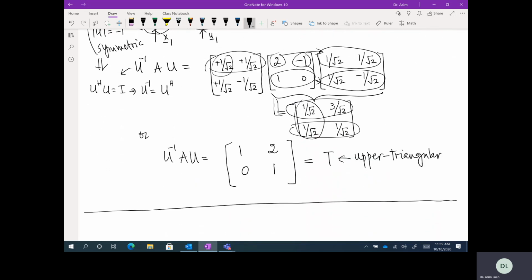So this is just to show that if M is unitary, then M inverse A M is a triangular matrix. This is what we showed.